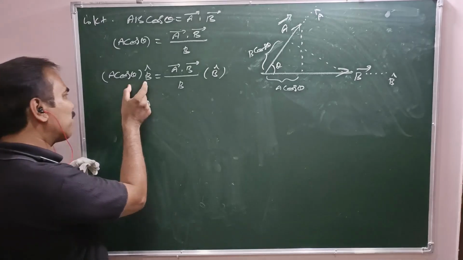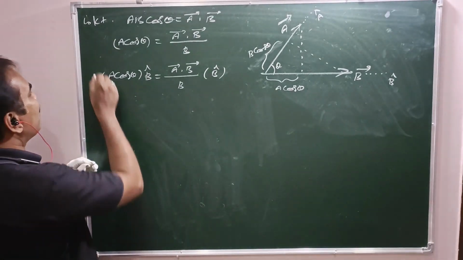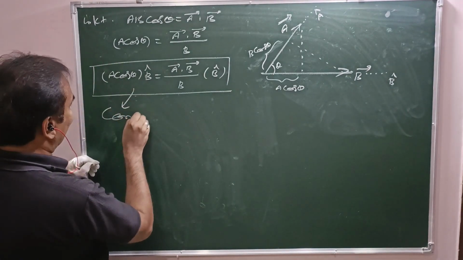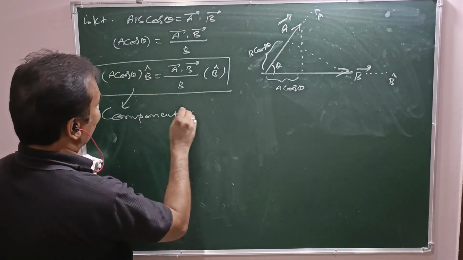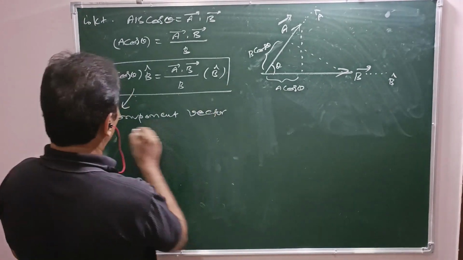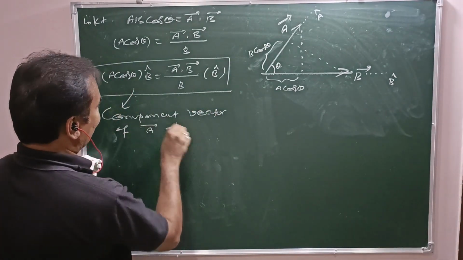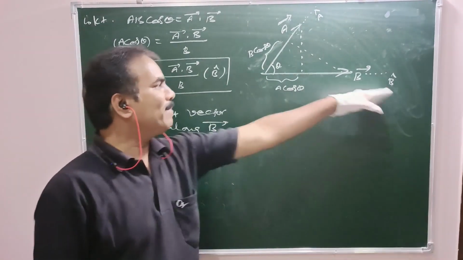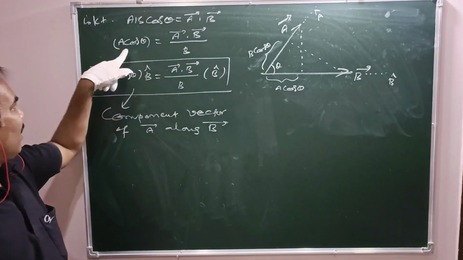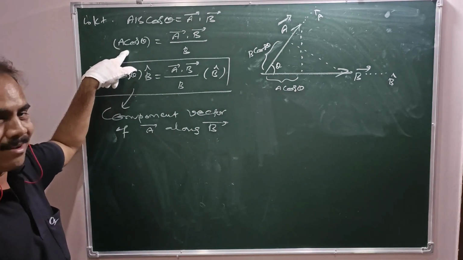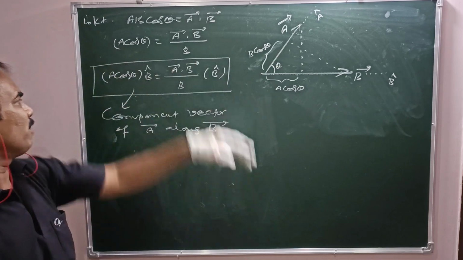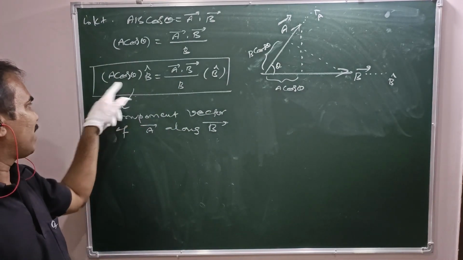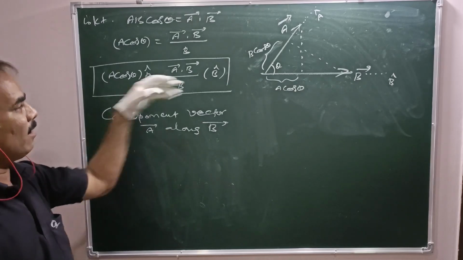This is magnitude multiplied by unit vector, which means the component vector of a bar along b bar. a cos theta alone is just the component, not the component vector of a bar along b bar. If it is multiplied by b cap, then this total term becomes the component vector of a bar along b bar.